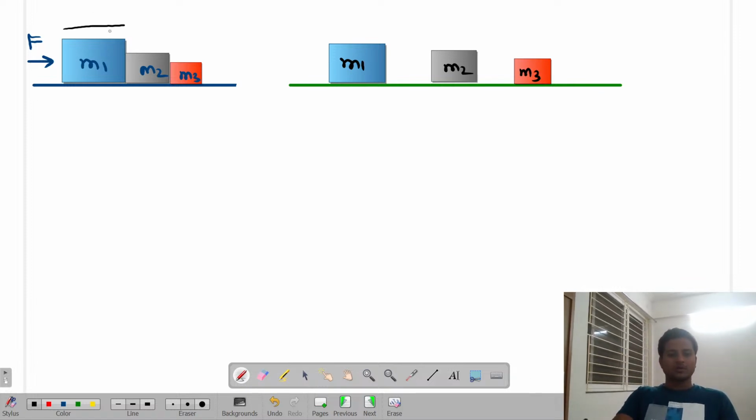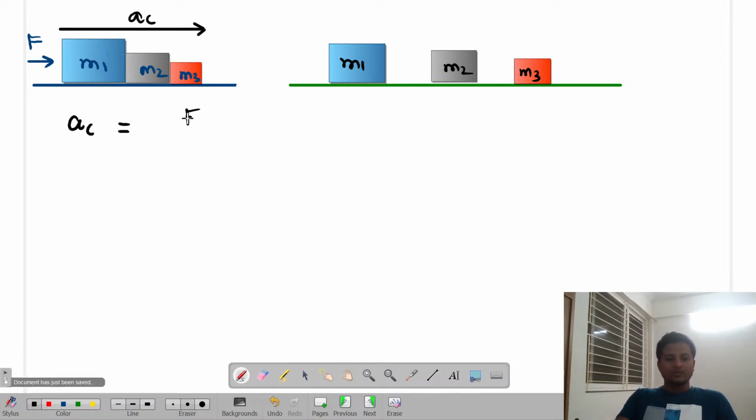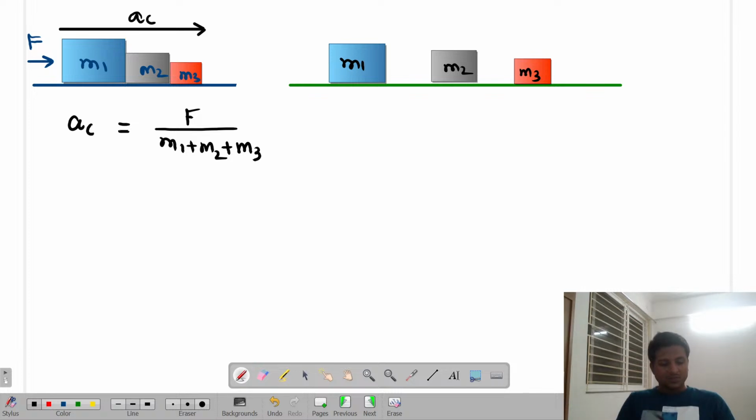First of all, they will move with a common acceleration AC, isn't it? All three of them are moving by the same force, so the acceleration is force F divided by the total mass of the system, M1 plus M2 plus M3. Are you able to get me or not?